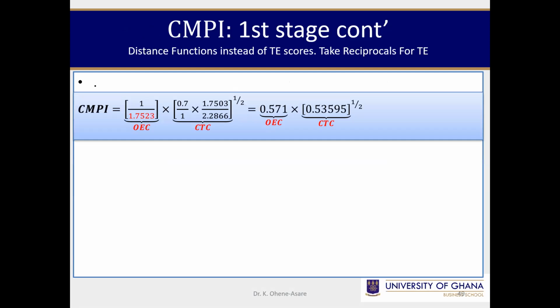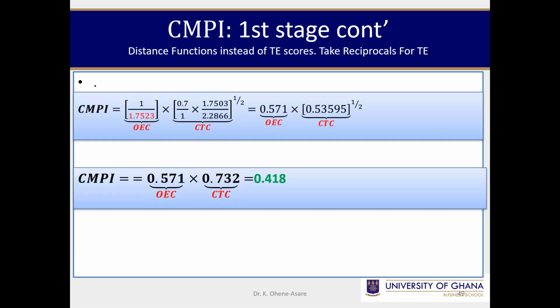Let me end with this. This is the actual answer. Now, of course, you have to take the reciprocals again. And then you have to tell us, so what is driving cost productivity for E? Overall efficiency change. Yes.